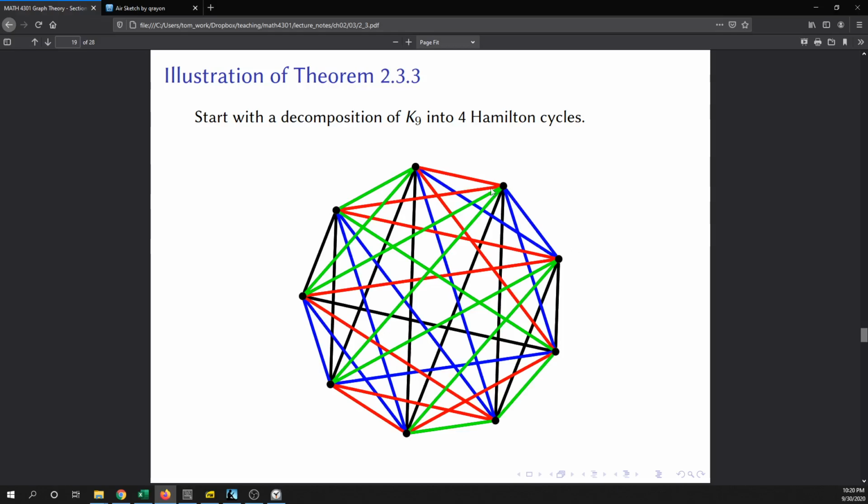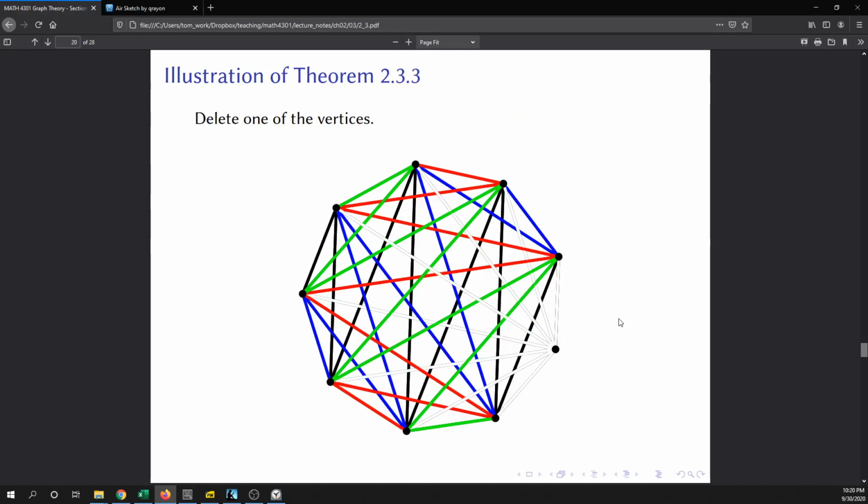So you can see each of the cycles a different color in here. And then basically all you would need to do is to delete a vertex. So you would delete the vertex here, and of course all of the edges associated with it. I just colored them white when I did this, so just pretend that vertex has been deleted here. I forgot to go through and make its color white so it looks like it's gone.